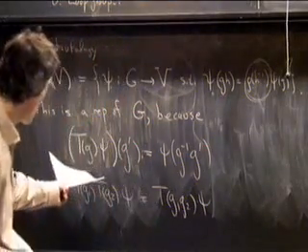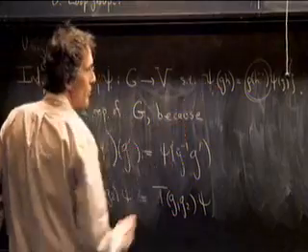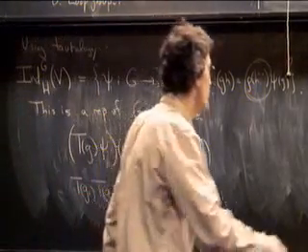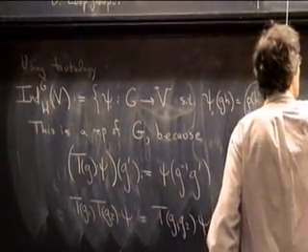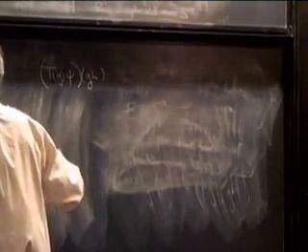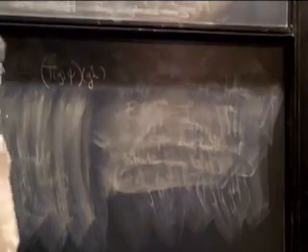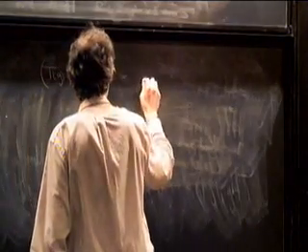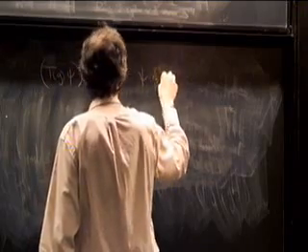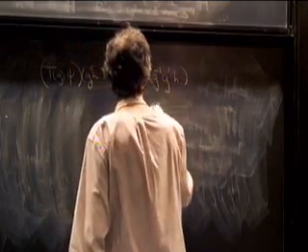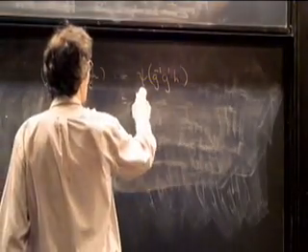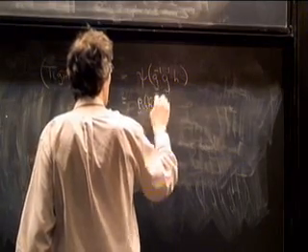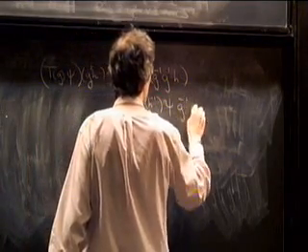And one thing we better check is that if psi has this equivariance, then so does T of G dot psi. So let's check that. So what do we want to check? T of G dot psi, we want to see what's its value on G prime dot H. Well, this is by definition psi of G inverse G prime H. But on the other hand, by the equivariance of psi, that's just rho of H inverse on psi of G inverse dot G prime.